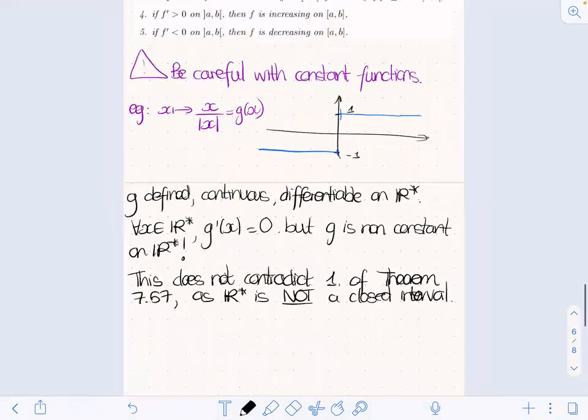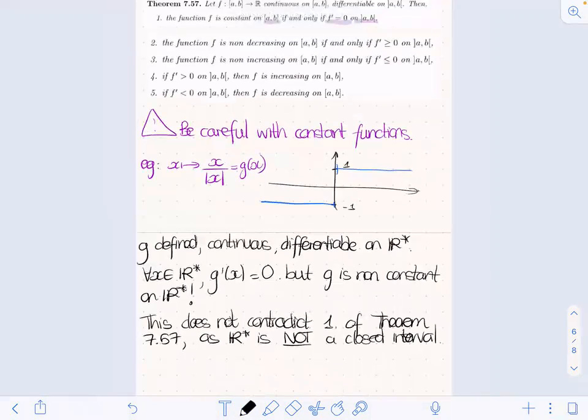So sometimes you want to make the shortcut saying that f prime is equal to 0 on a domain implies the function is constant on that domain. And that's not true. It's only the case when you're working with intervals. So you've got to be really quite careful with that. Okay.